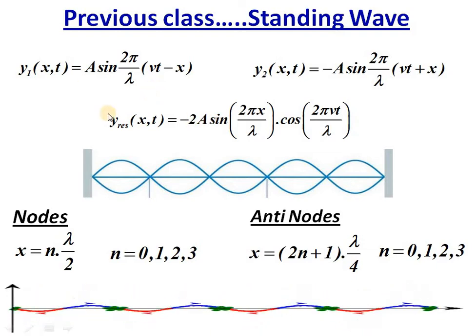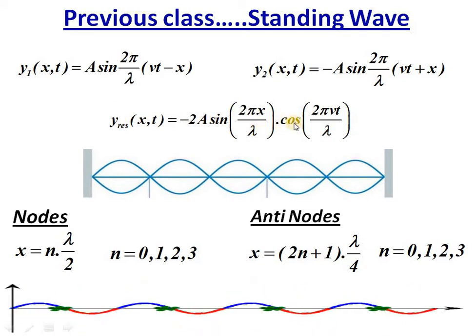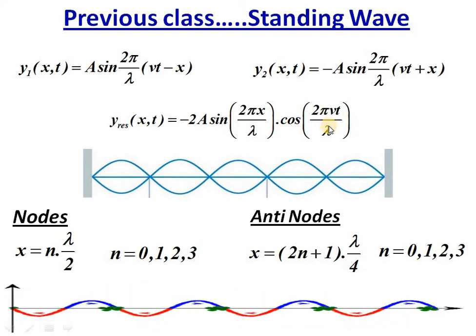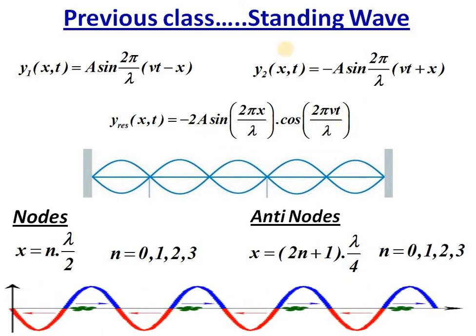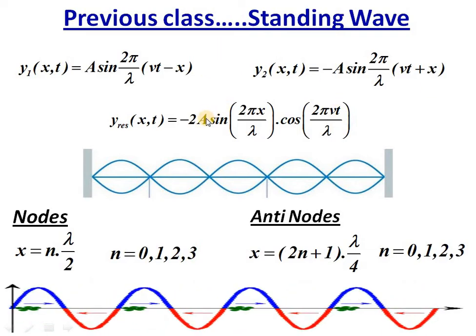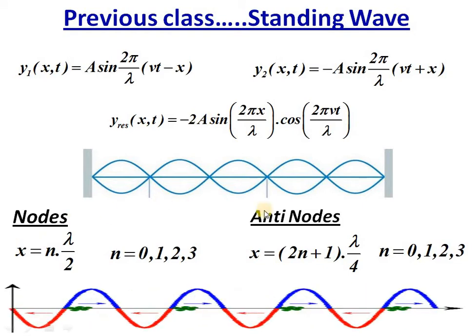That was y of x,t equal to 2a sine 2 pi x by lambda cos 2 pi vt by lambda. We could analyze the physical consequence of this equation, and we got the concept of nodes and antinodes.